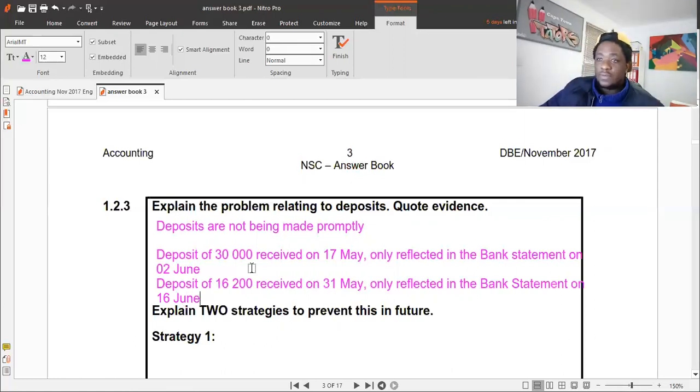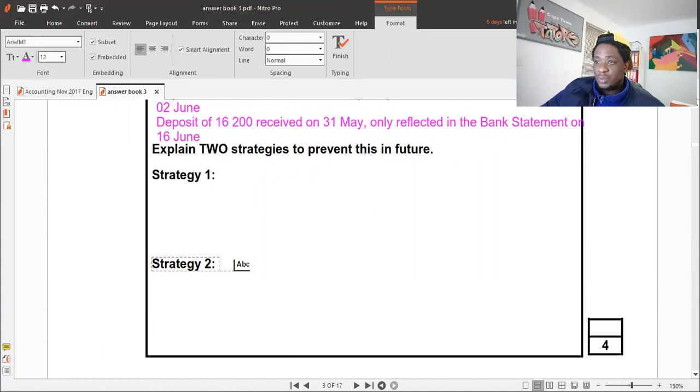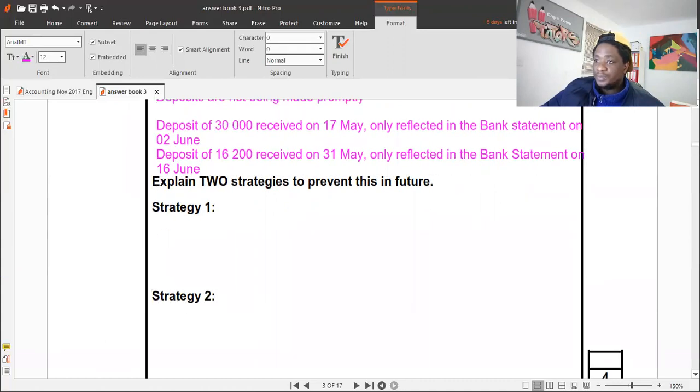I mean, you could have quoted just one piece of evidence and then moved into strategies, but I just like to make sure. And then explain 2 strategies to prevent this in future.